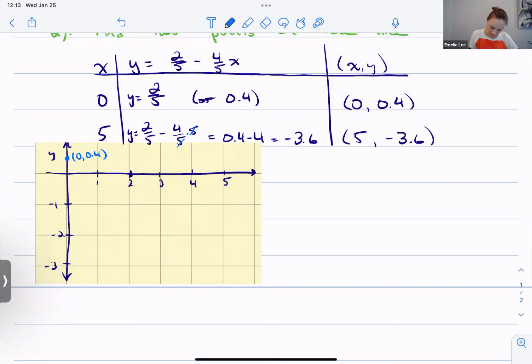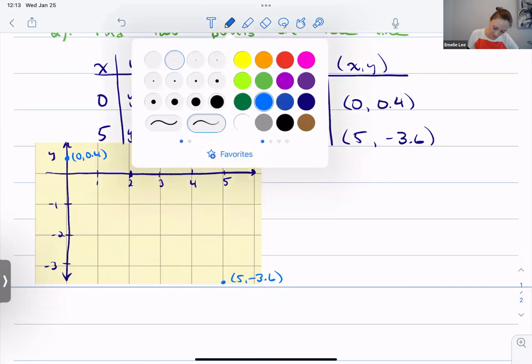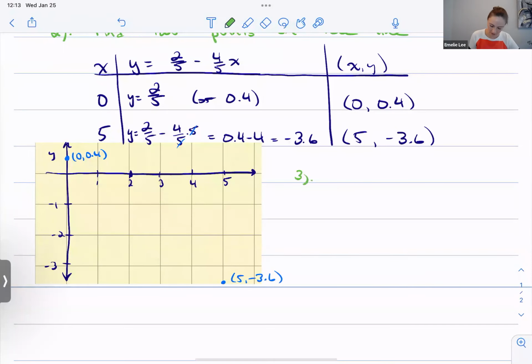And when x is 5, y is negative 3.6, so I can put that point on there. So now, step 3, and I'm going to keep it on this page, is connect those 2 points and extend the line. And then we've drawn the line.